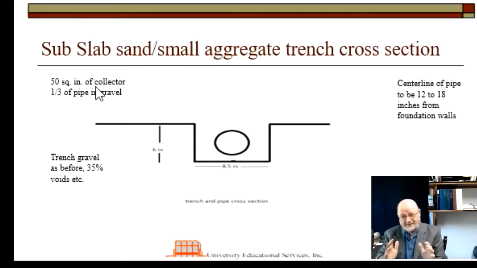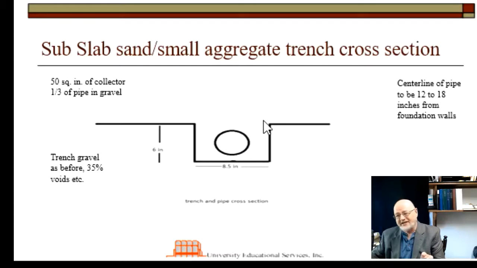These are all minima. And so I came up with one idea of how you could do this, and I went through a couple of ideas, but this one to me seems to be the easiest to install. And I'm suggesting that one way you can do this is you run a 6-inch deep trench, 8.5 inches wide.